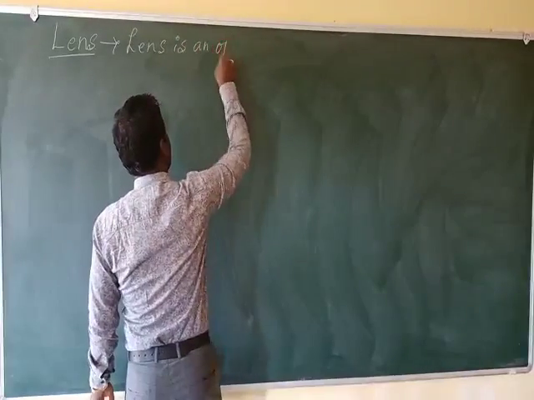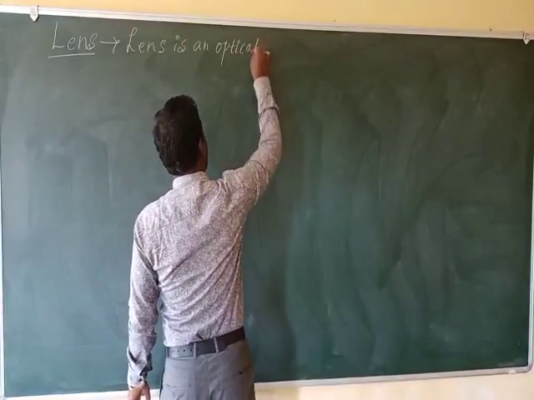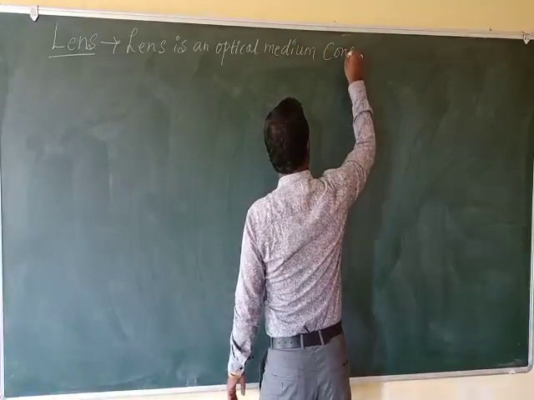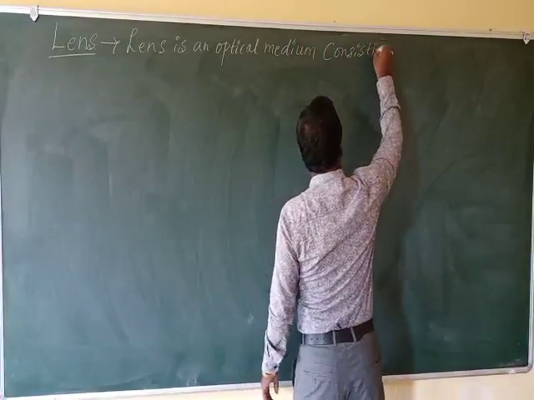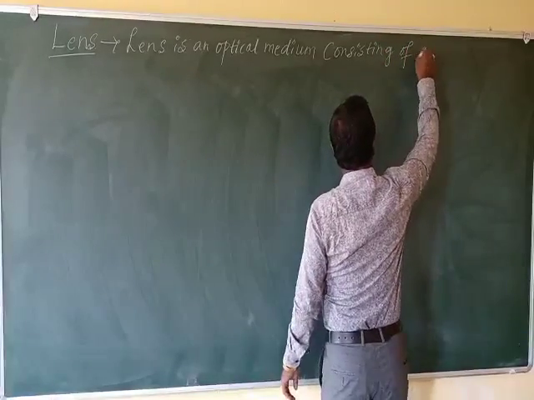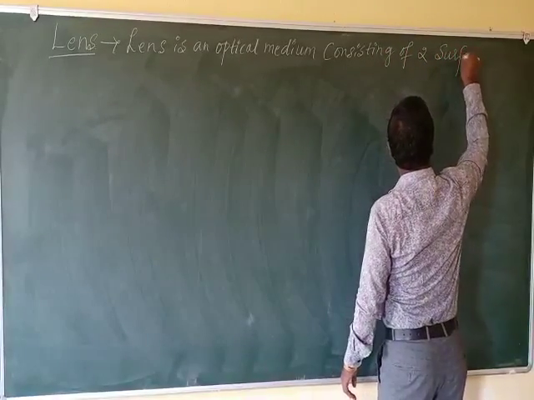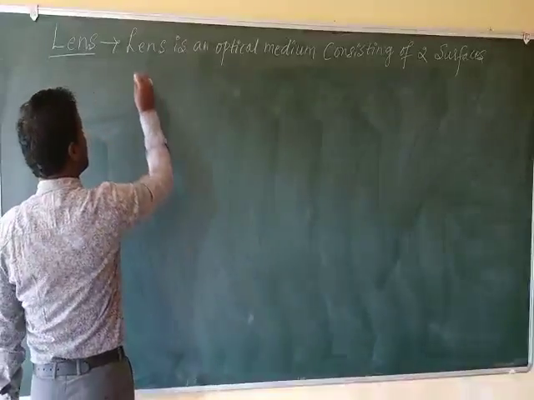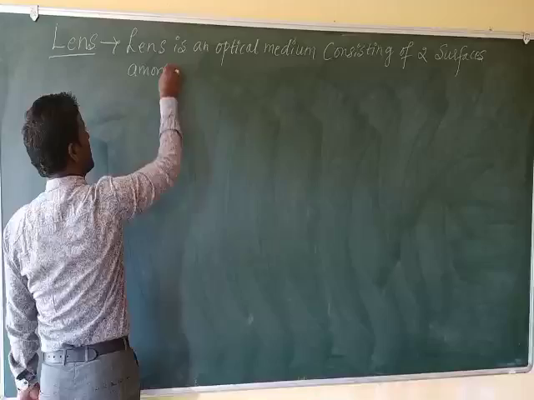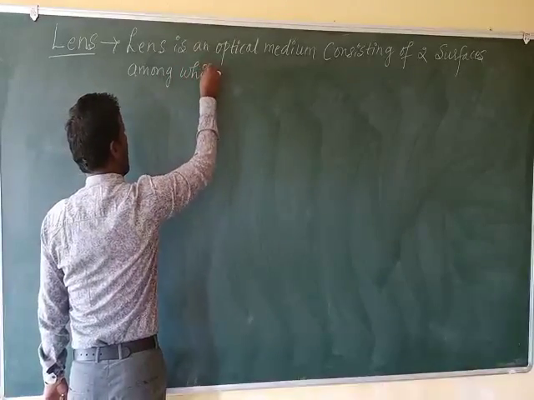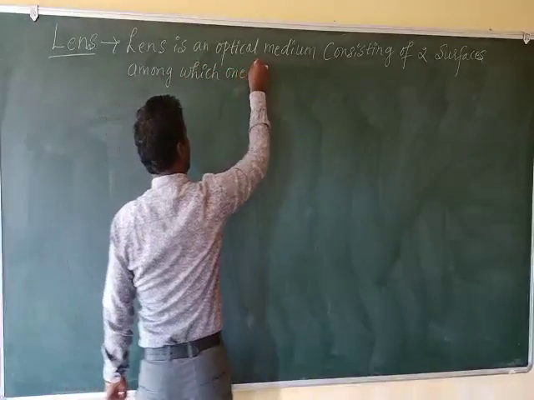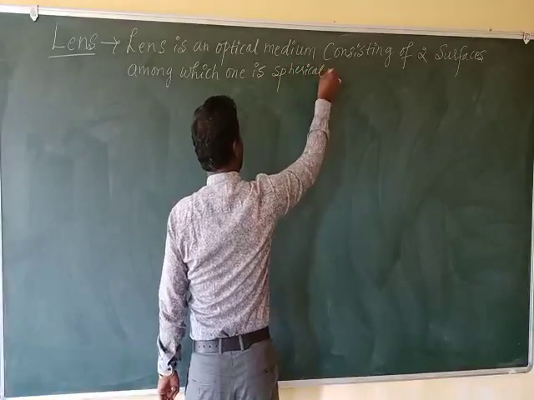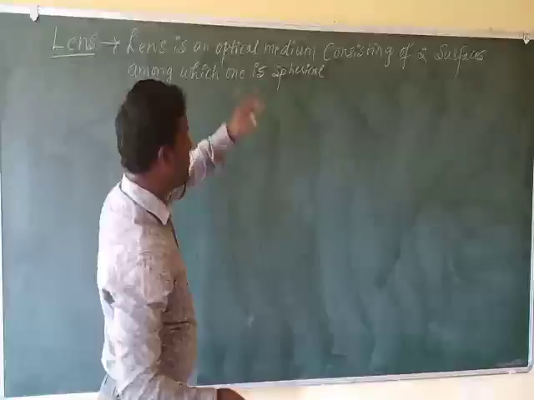What is the lens? A lens is an optical medium consisting of two surfaces among which at least one is spherical.